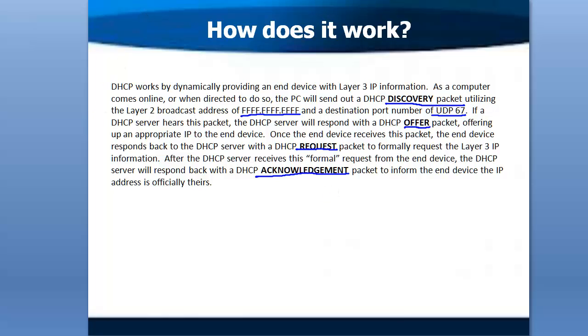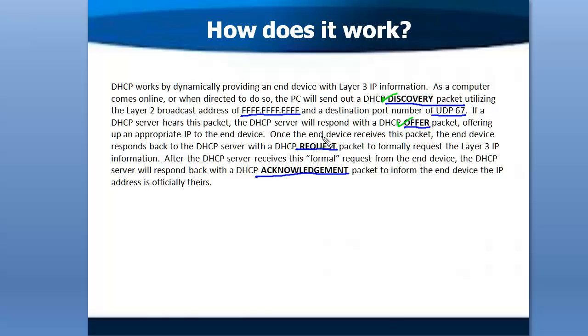Big things to take note of here are simply the order in which this is happening. First thing, client sends discovery packet. Sends it using this Layer 2 broadcast onto a destination port of UDP 67. Within that Layer 2 broadcast domain, if there is a DHCP server, it's going to hear that and it's going to reply back with an offer.